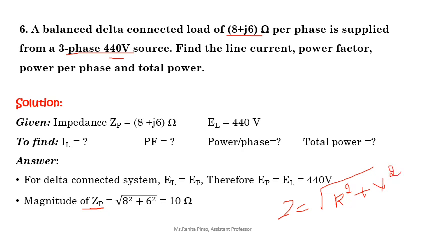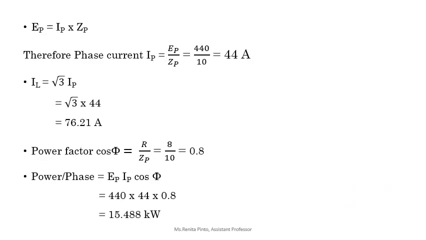So using this equation, I have substituted root of 8 square plus 6 square and I have got the answer as 10 ohms. Now you already know EP is equal to IP into ZP. So from this formula, what I can do is I can directly find out the phase current IP. Because the phase voltage is already given and your impedance is already found out. Next.